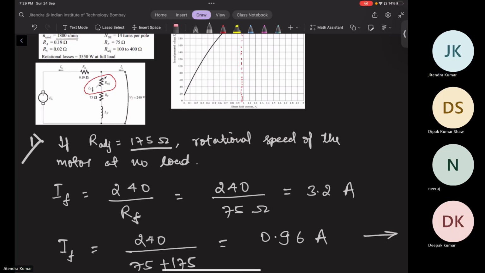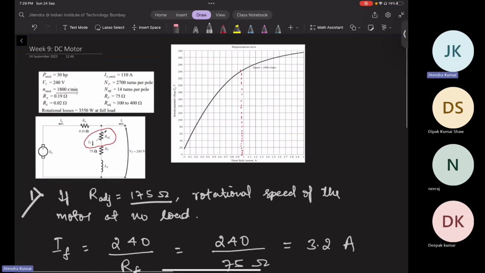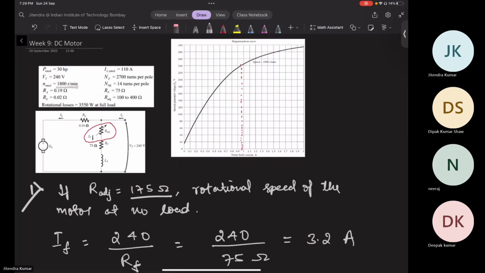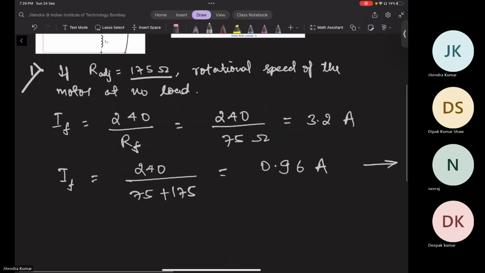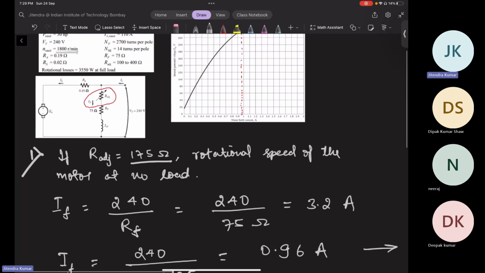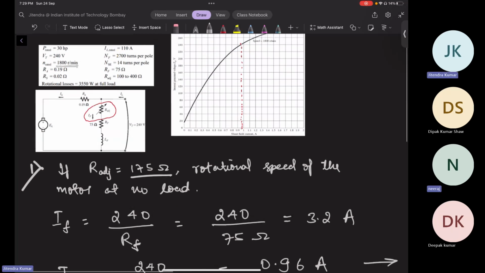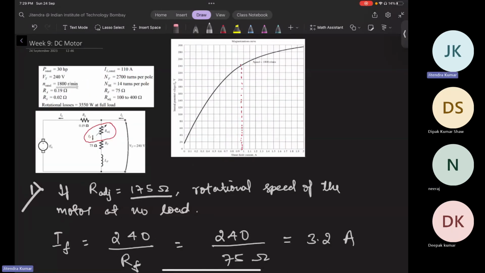So earlier the voltage was equal to V by I. Anyway, we have to find the rotational speed at no load when 175 ohm is added.